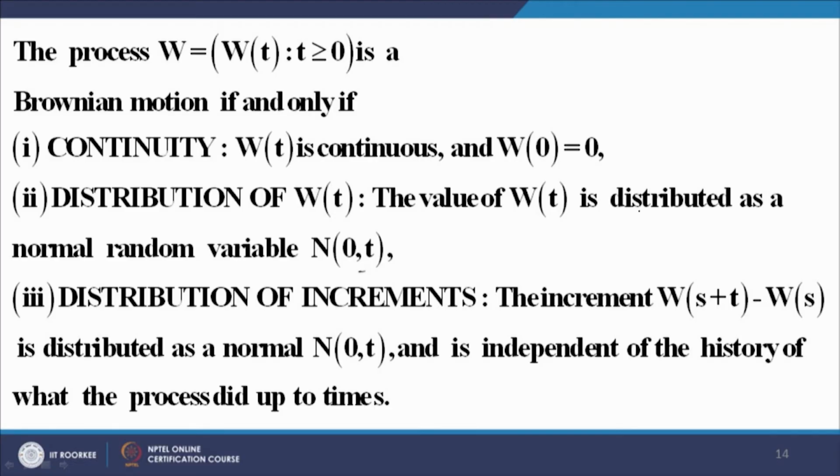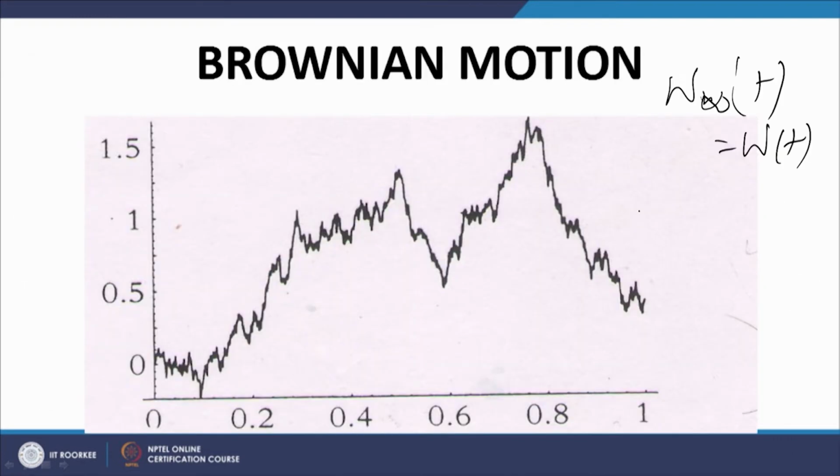So, let us summarize the properties of this process W t. W t is called Brownian motion, and it has the following properties. First of all, W t is continuous. You can see from this diagram that this process is continuous, but it is nowhere differentiable. I repeat, the process is continuous.